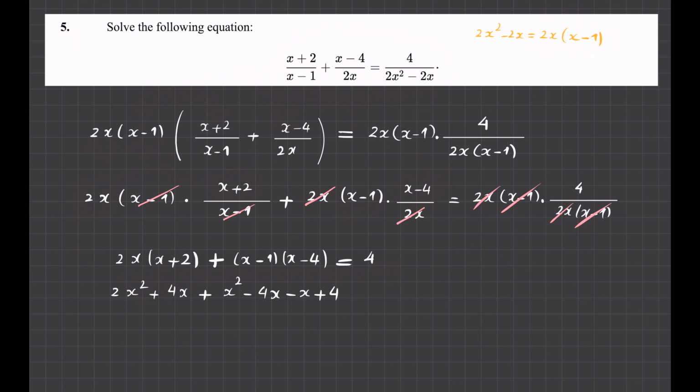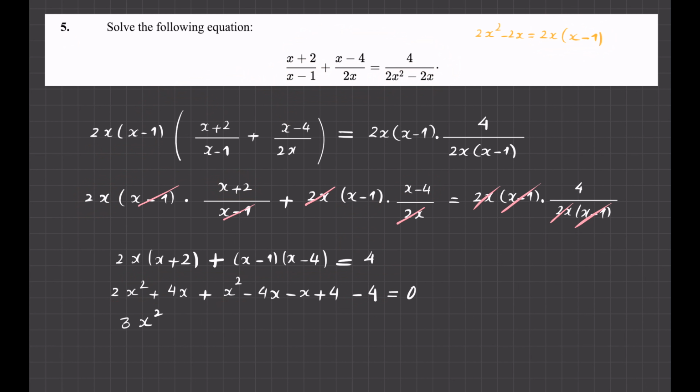And then I know that because the quadratic term survives, eventually I have to move everything to the left and use either the PQ or ABC formula. To anticipate that, I just put minus 4. I moved this 4 to the other side, and it becomes 0. And now I have 2x squared here, x squared here, so it becomes 3x squared.